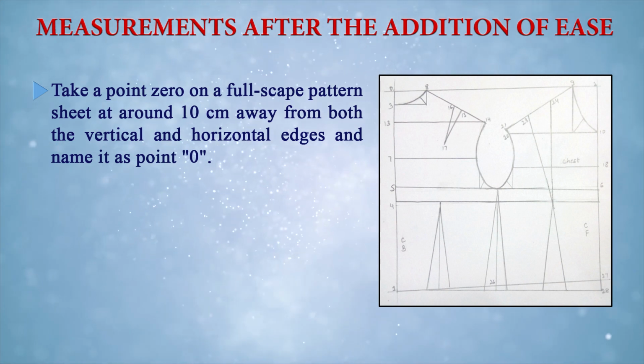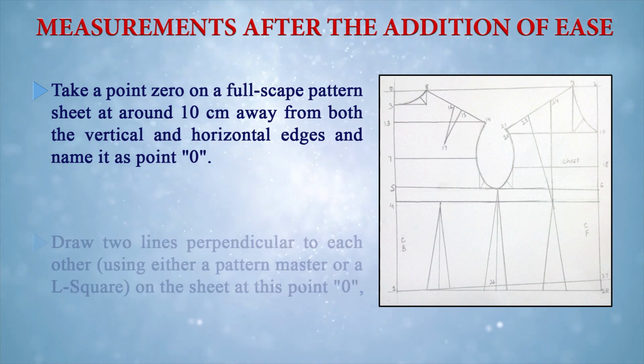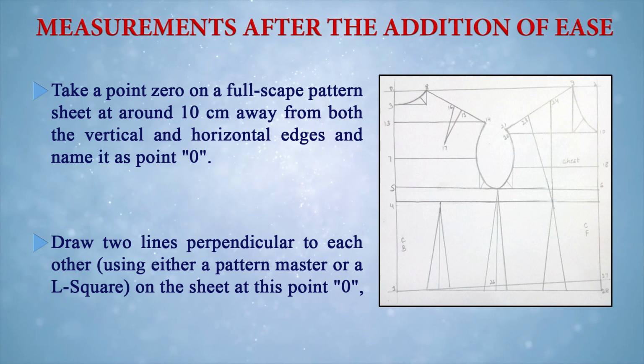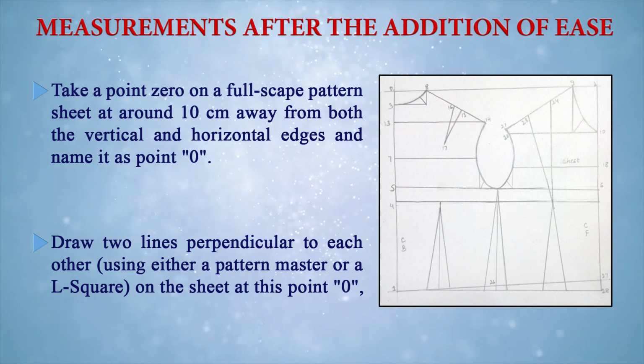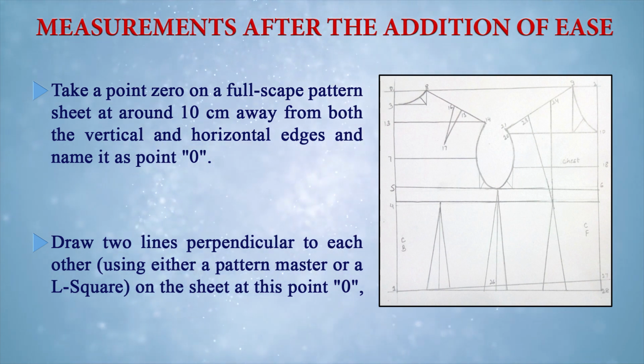Then you can draw two lines perpendicular to each other using either the pattern master or the L square shape scale on the sheet at the point 0. This is the first step you have to do.